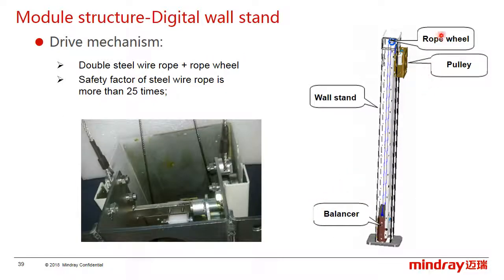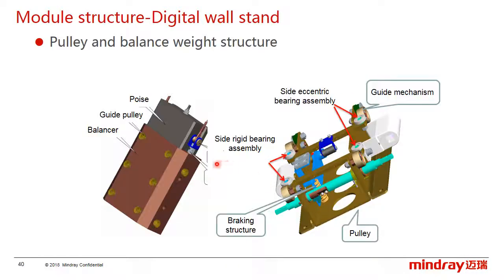On the top of the stand, it uses a rope wheel and two steel wire ropes to hold the balance in the pulley assembly. Besides, there are some places on the balance. It just depends on different configurations, such as different detectors, Varian detector or Toshiba detector, or the ionization chamber configured.